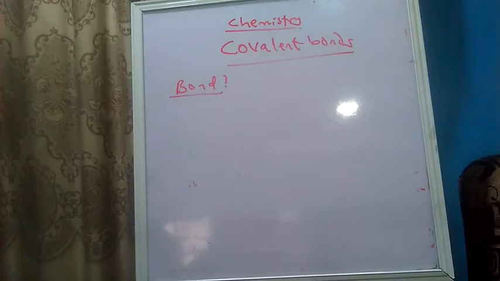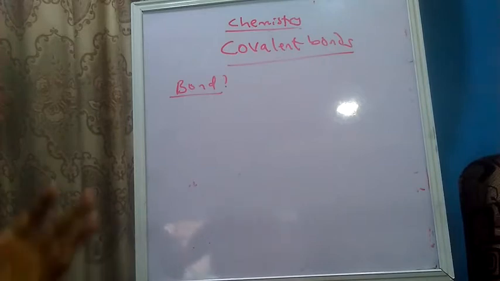together. Now, there are different types of bonds. We have what is called ionic bonds, where certain atoms form bonds by either the giving or the receiving of electrons. In this case, we're looking at the covalent bond. The covalent bond is usually formed by the sharing of electrons between two or more atoms.